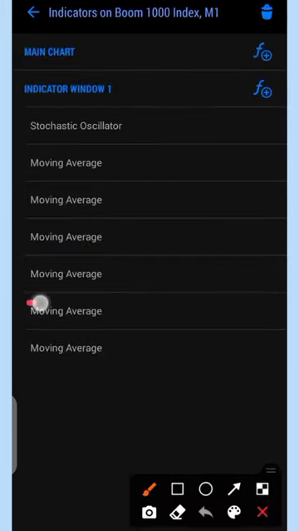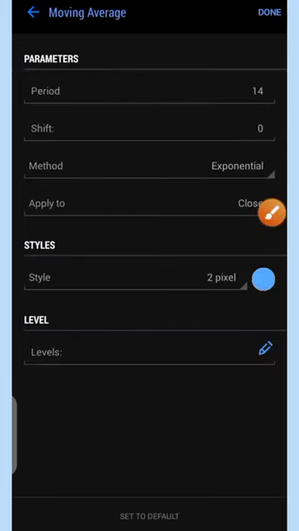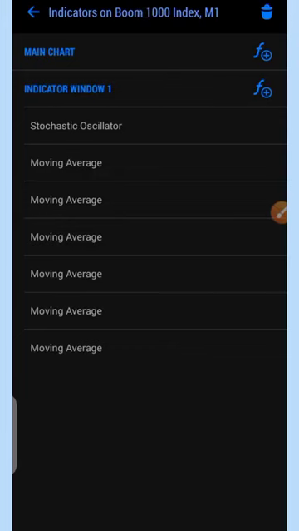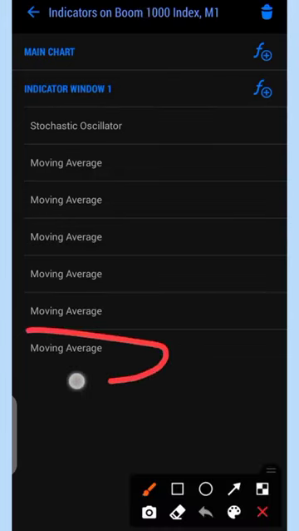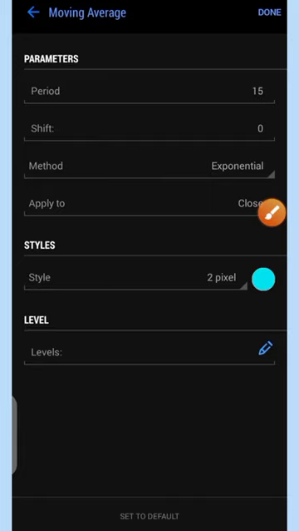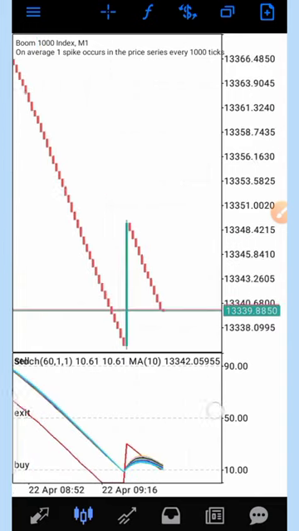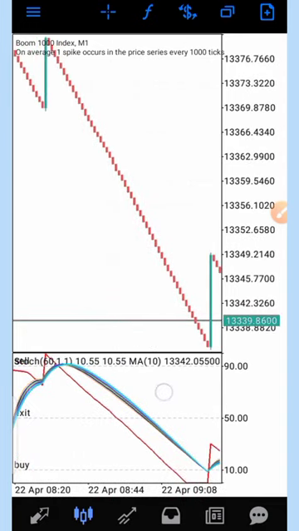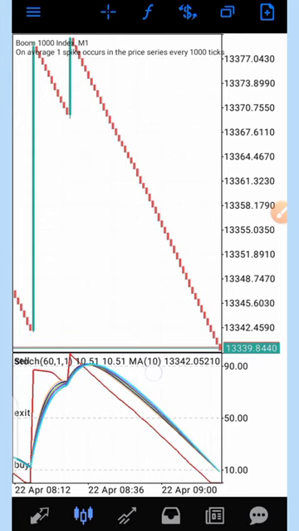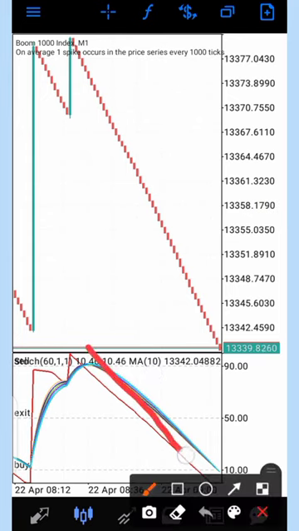The fifth one is 14, period 14. You change the color to a different one from the others you have selected before. And the last one is 15, also with a different color. So we have moving averages 10, 11, 12, 13, 14 and 15. These are the moving averages.